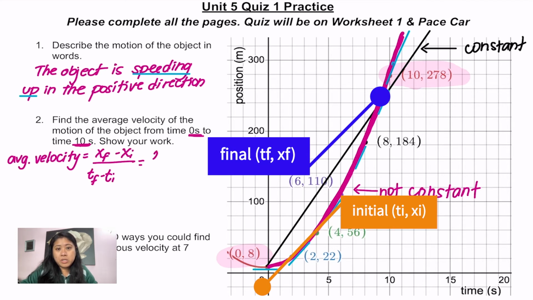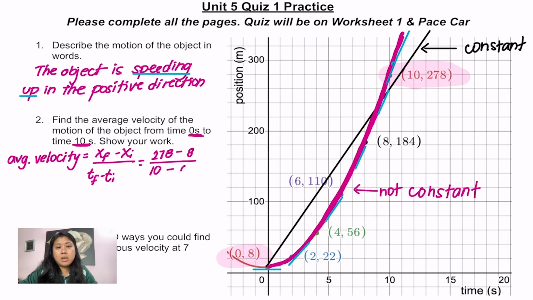So the final position was 278 minus the initial position of 8 over final time of 10 minus 0 seconds, and we're going to get 270 over 10, which will give us an average velocity of 27 meters per second.